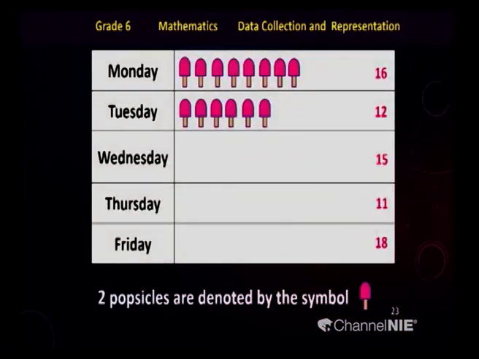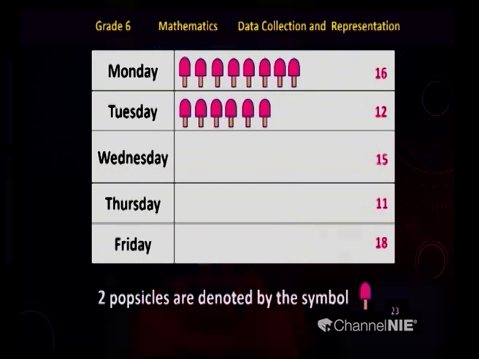So, if we use this symbol to represent 2 popsicles, how to represent 1 popsicle? Here you can see this symbol we use to represent 2 popsicles. Half of this symbol we can use to represent a popsicle.